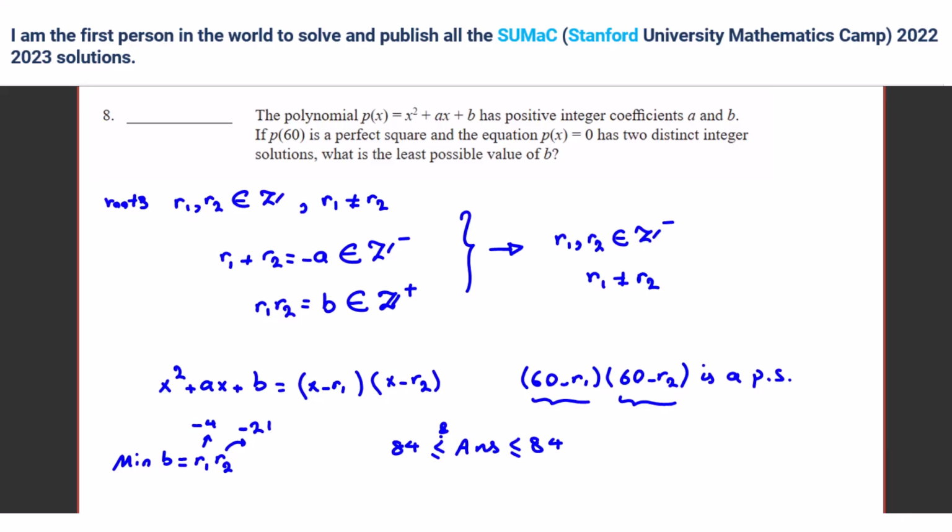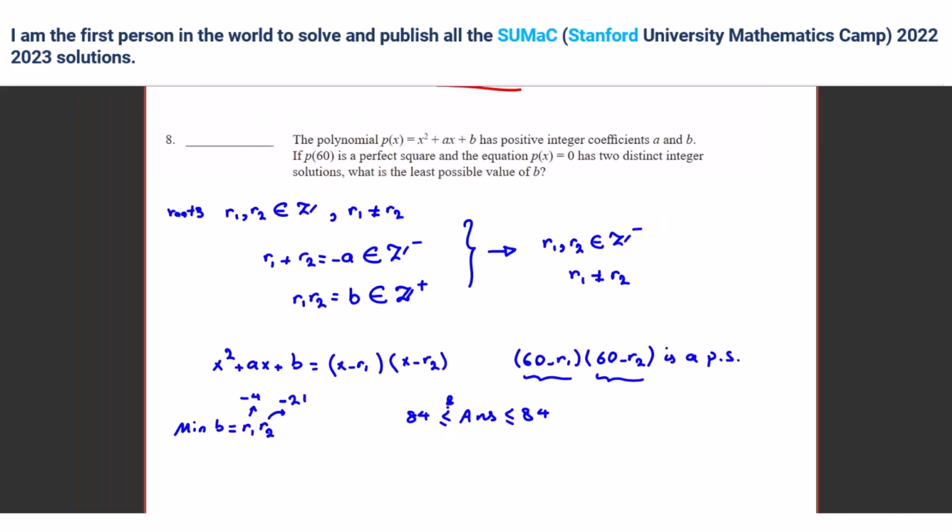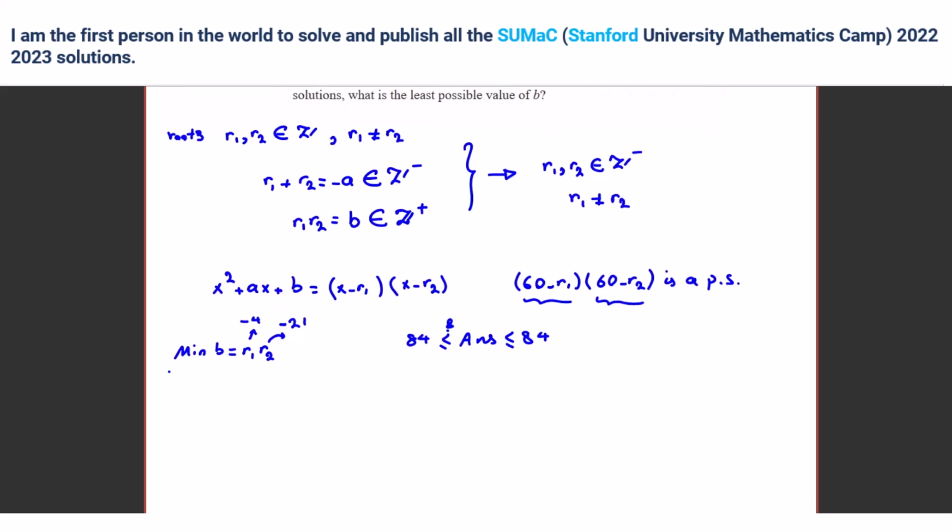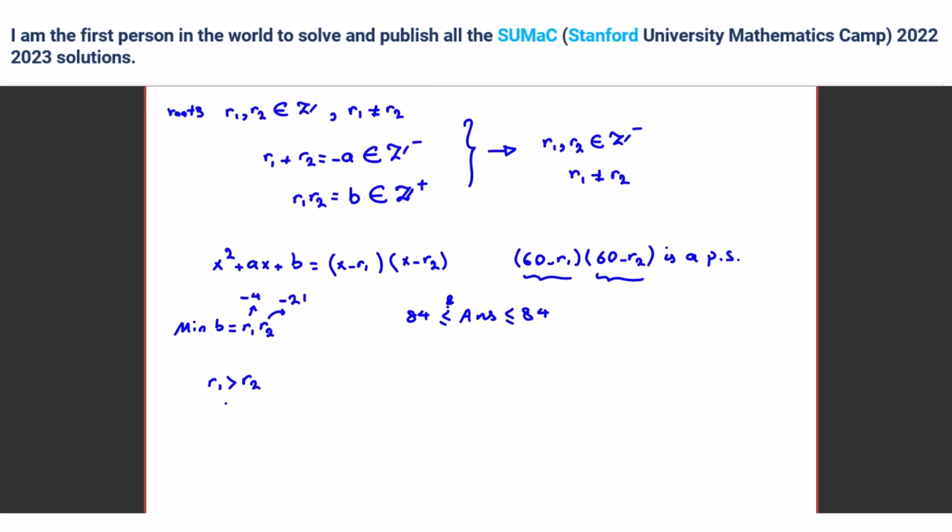By showing that there is no smaller answer, because if you continue to keep testing numbers, you will eventually let R1 be greater than R2, so that 60 minus R1 is smaller than 60 minus R2, and then you want to find the smallest value of R1 R2.